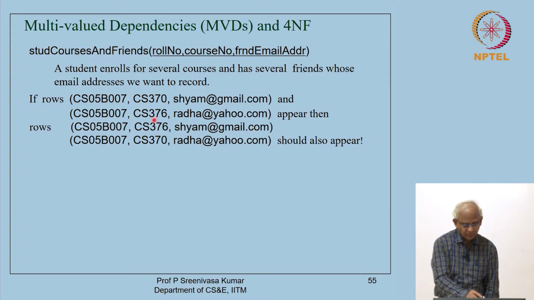So, in general, if I have registered for some half a dozen courses and I have half a dozen friends or more, probably 10, popular guy, then we will be having some 60 tuples here. A huge amount of data redundancy exists here.